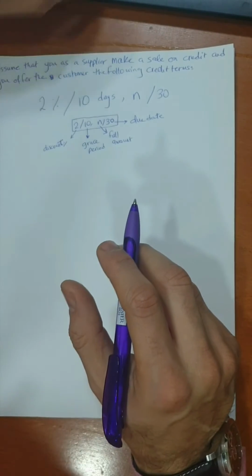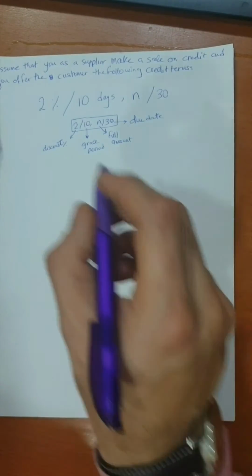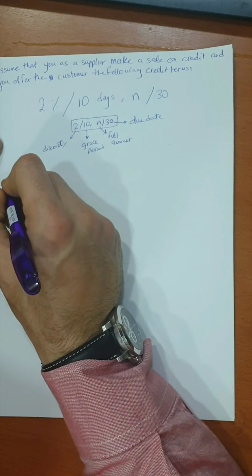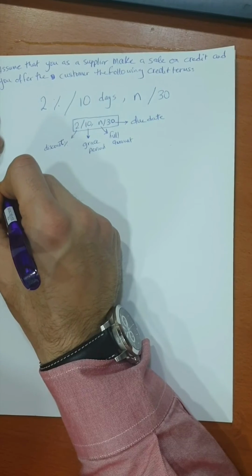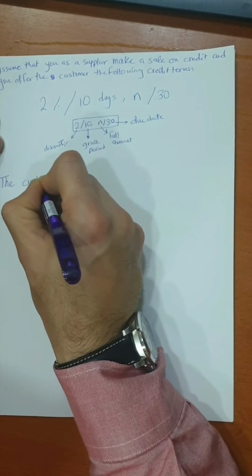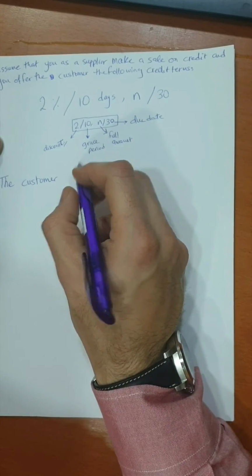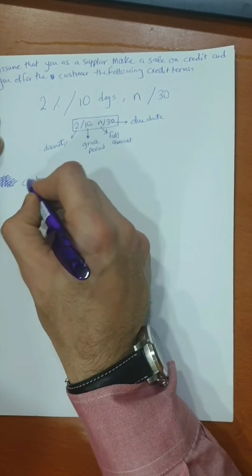So this is what happens in this case. Now, let me give you a numerical example. The supplier, actually let me say the customer. The customer, or you know what? Let me use names.